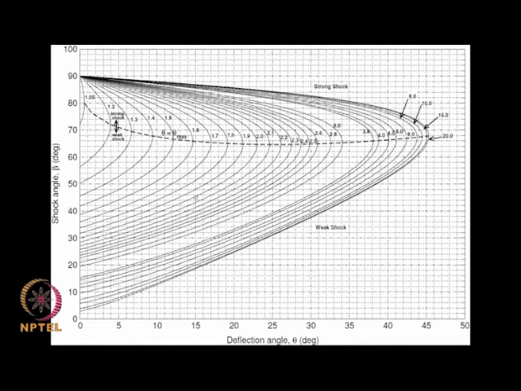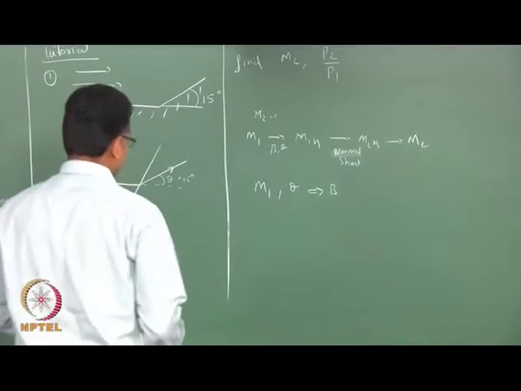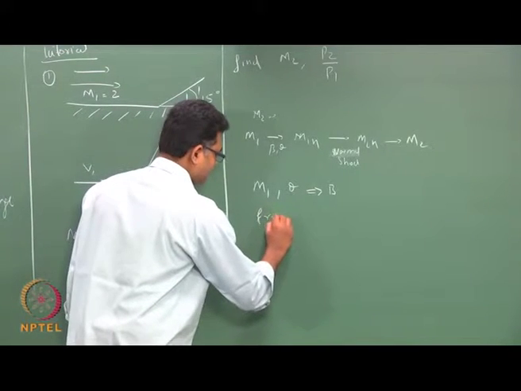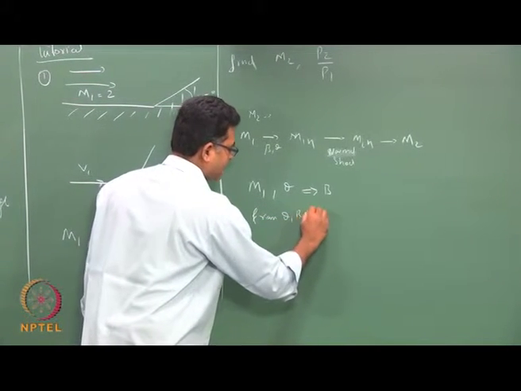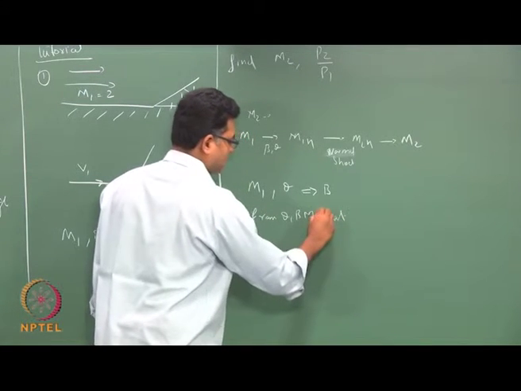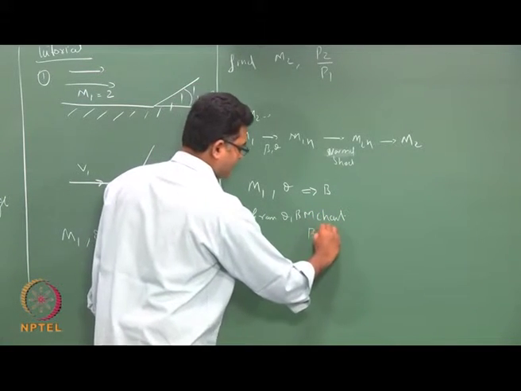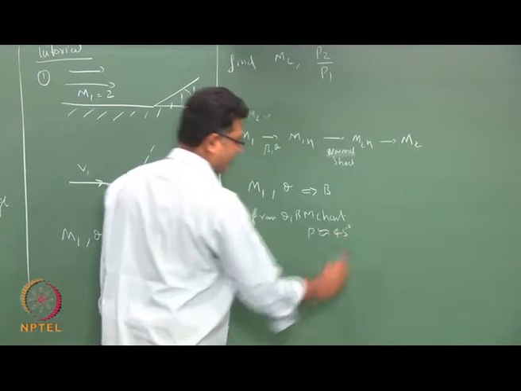Okay. So, I take a line from 15 degrees, and when it intersects the contour of M equals 2 and take the y projection, that should be around 45 degrees. So, from the theta-beta-M chart, my beta is approximately 45 degrees.